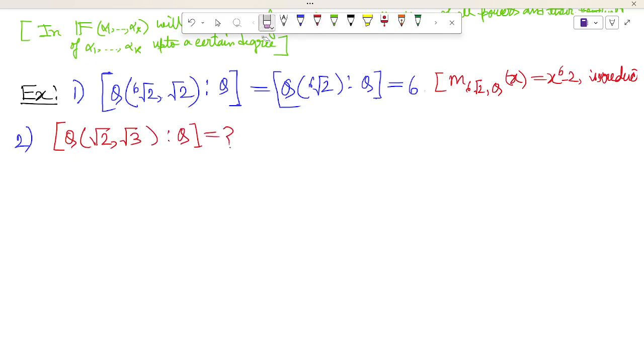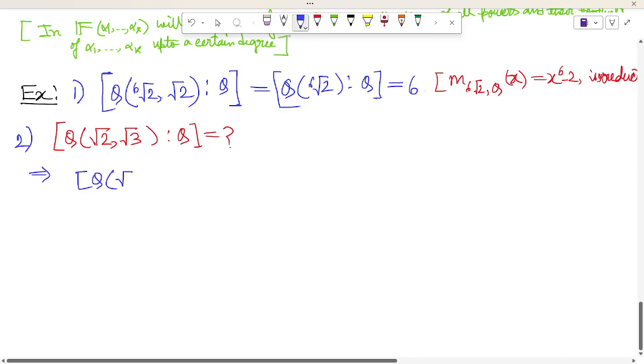What is this? So to find out this, we will make a tower of field extensions.